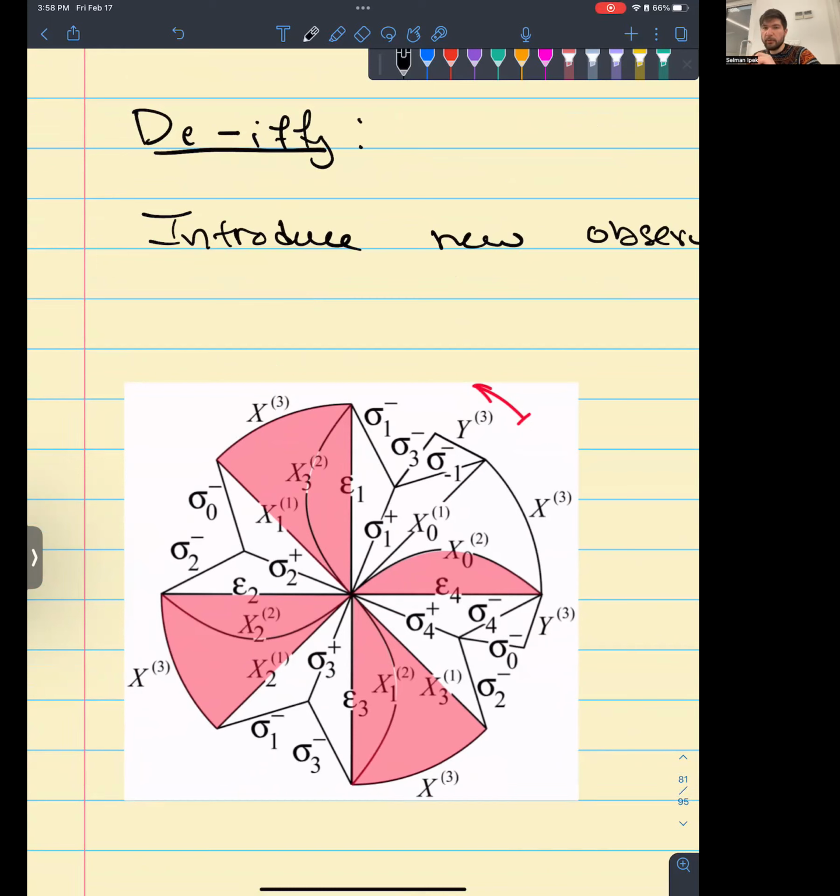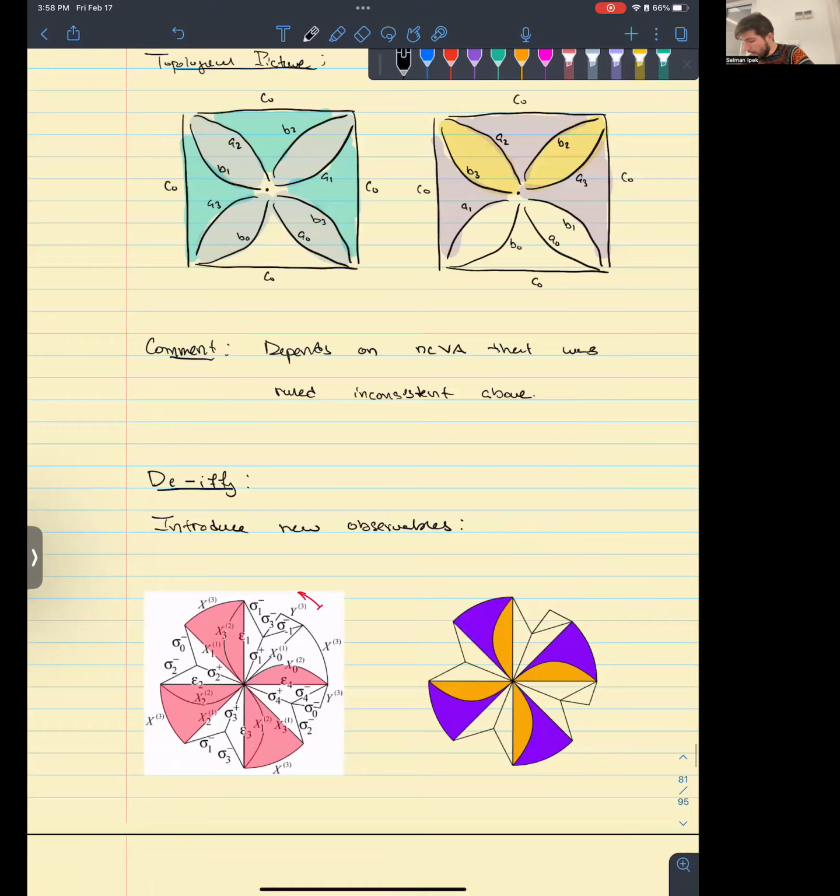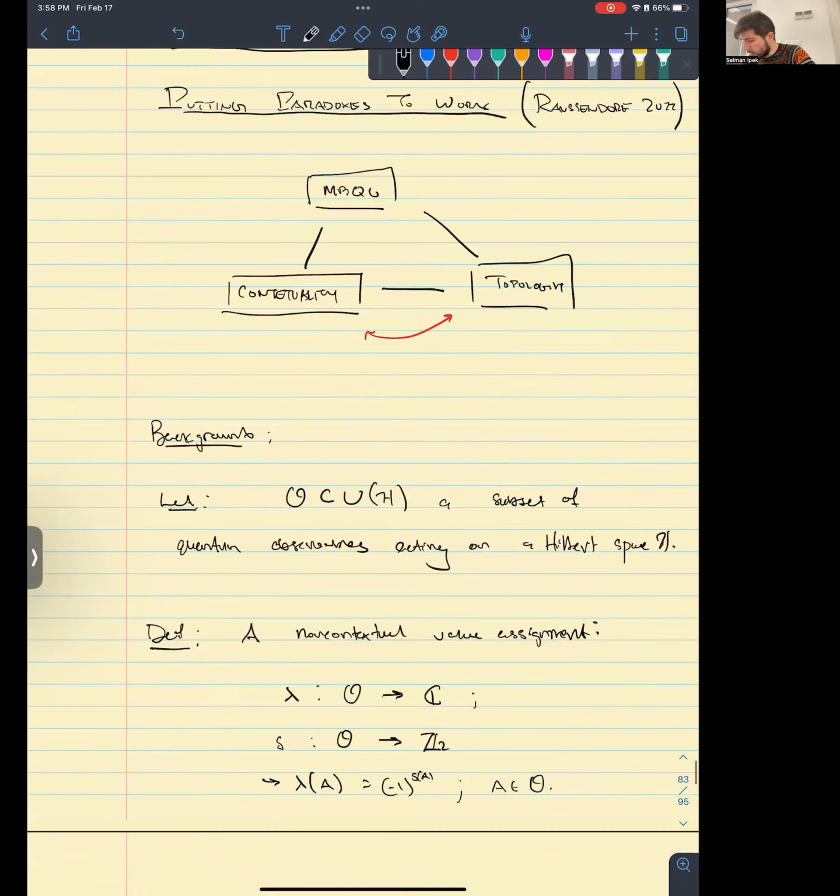They have to all commute, and the observables on each edge of a face have to multiply to plus or minus the identity. So you have these rules that Igor went over last time for how to assemble observables into this topological picture. And the essential ingredient is that we just need more observables. And these observables are going to have a certain structure.